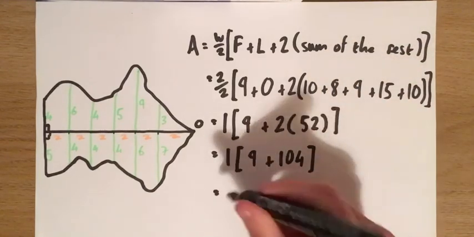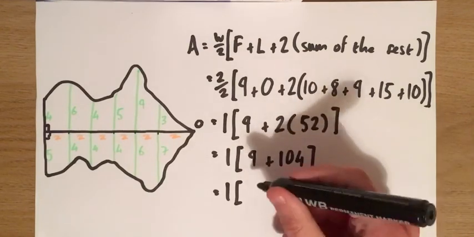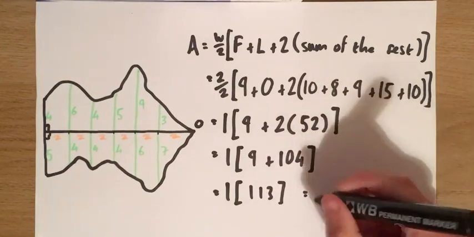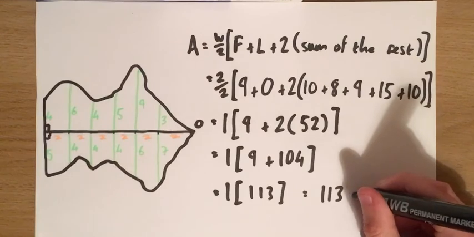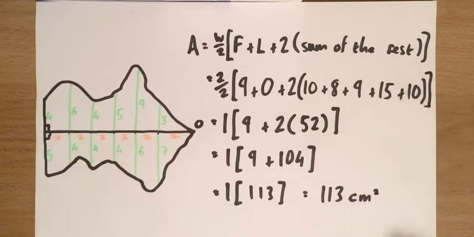So that's equal to 1 times, sorry, 9 plus 104 is 113. 1 times 113 is just 113. And again, I didn't put the units in, but we'll say it's centimeters, which means your answer would be centimeters squared.